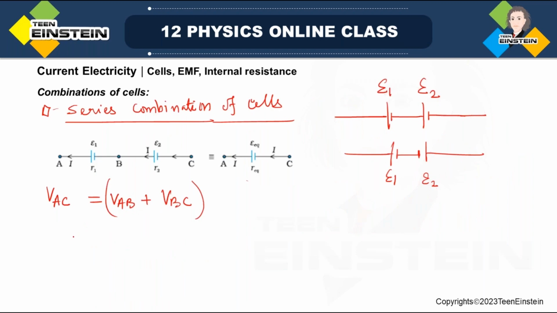So VAB, across this cell, I can write as E1 minus IR1, plus, for the other, E2 minus IR2, right?